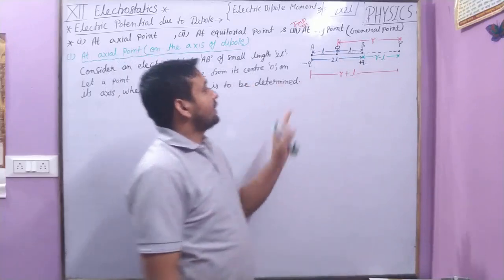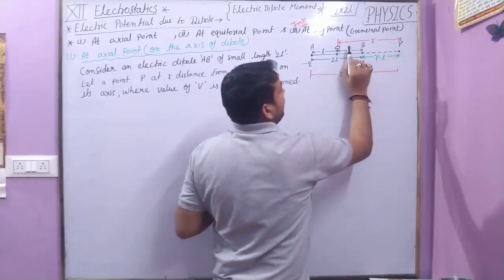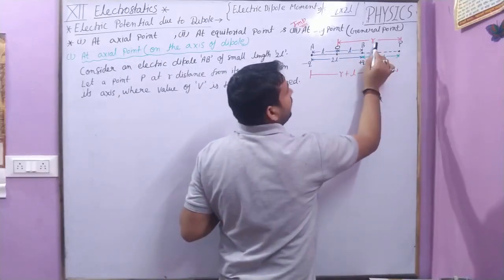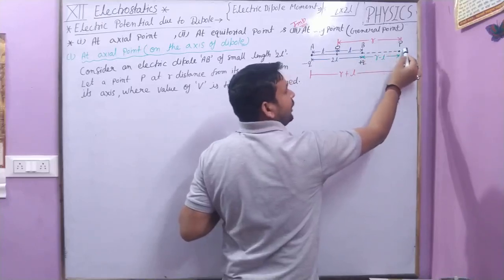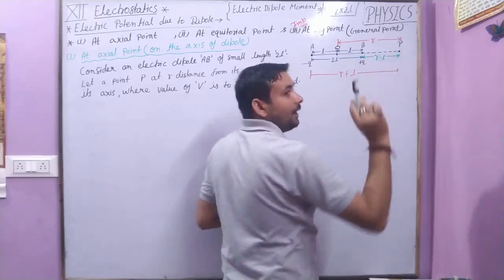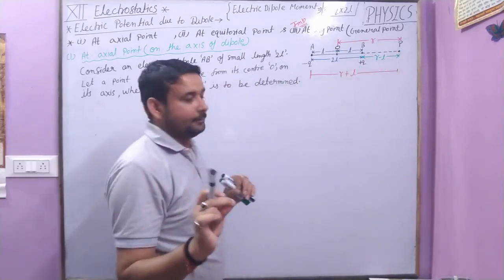There is a point at R distance from the center of the dipole, that is point P, where the value of electric potential is determined.